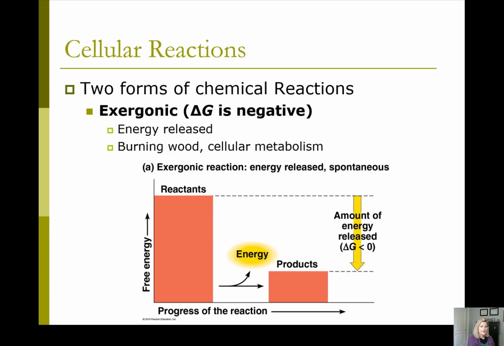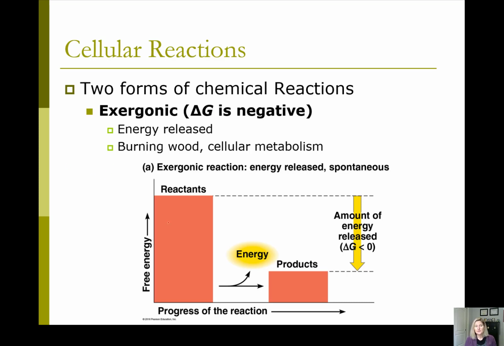So if we go back and talk about chemical reactions, we have two types of chemical reactions in relation to the amount of free energy. The first type is called exergonic. Exergonic means that there is a negative free energy.